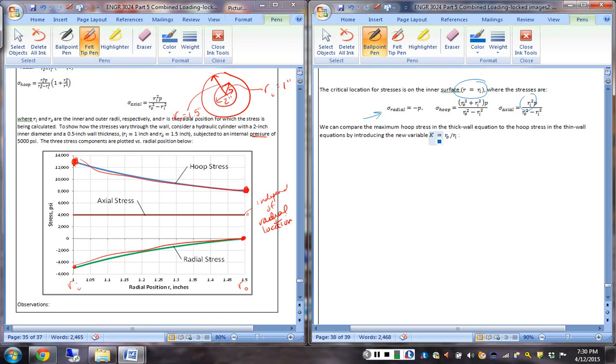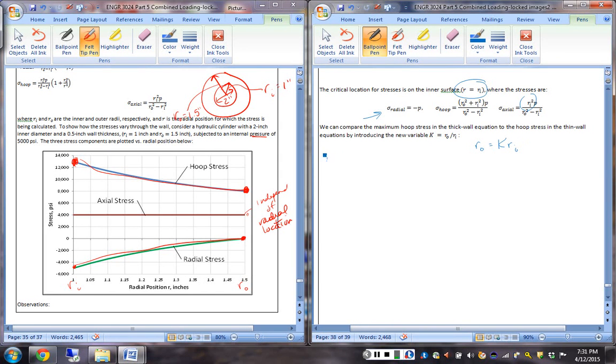If we have a new variable that we call capital K, that is the ratio of the outer to the inner radius, or an indicator of the thickness, we can compare the maximum hoop stress from the thick-walled equations to our assumption from the thin wall. So we can solve our new variable. We can say that r sub o is K times the inner radius.